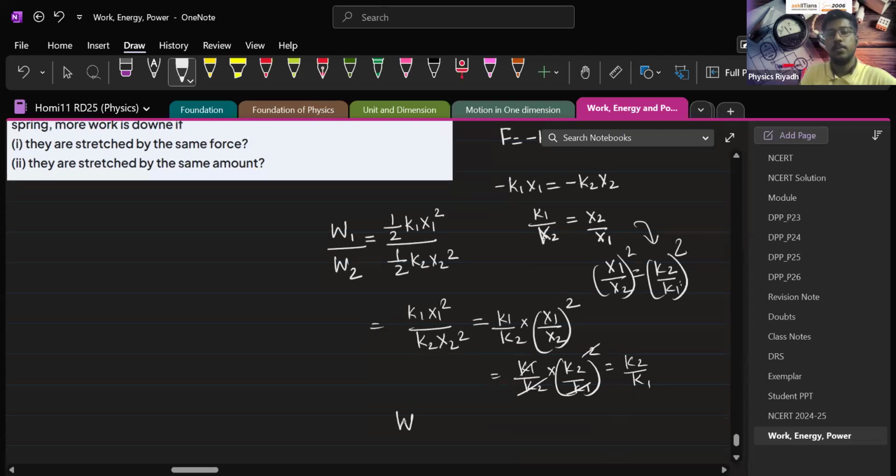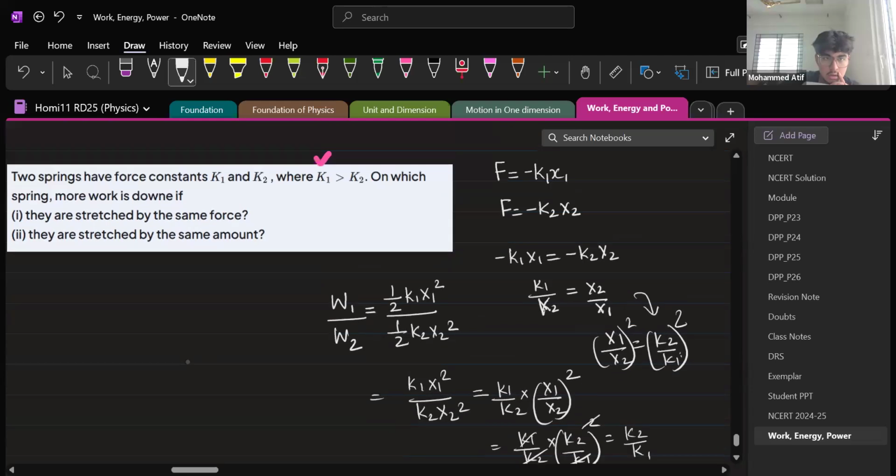So work done by the first spring by the second spring is equal to K2 by K1. Or I can write work done by 1, the first spring, is equal to K2 by K1 into work done by 2. So is K2 by K1 larger than 1 or is it smaller than 1?